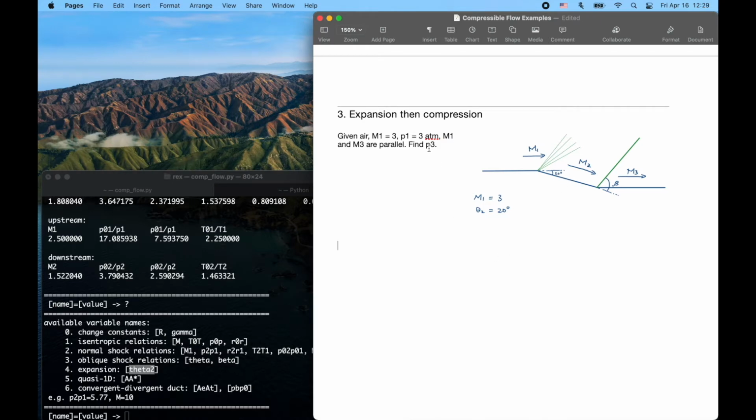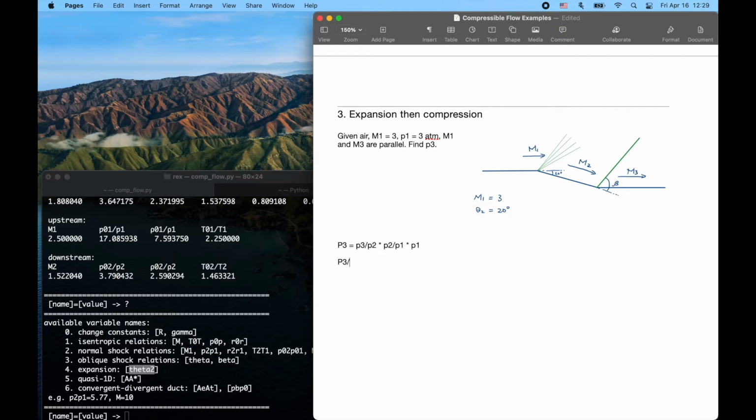The question is asking for P3. So let's first see what P3 is. P3 equals P3 over P2, which is the oblique shock, times P2 over P1 times P1, and P1 is given.